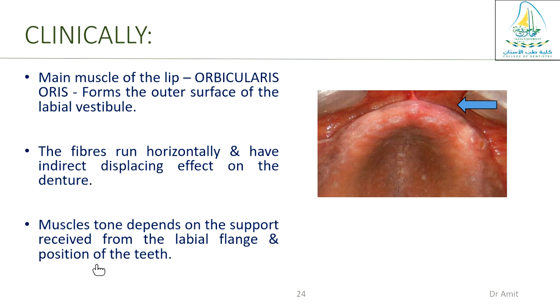The muscle tone depends upon the support. So what support are we going to provide in the complete denture from this area? The orbicularis oris muscle tone depends upon that. So always the position of the flange in this area and the position of the teeth is more important to support the muscle in this area.